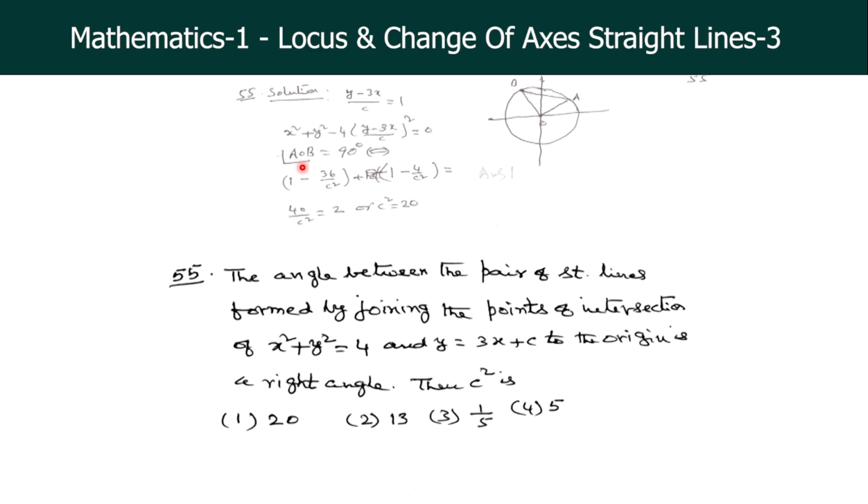And angle AOB is equal to 90 degrees if and only if coefficient of x square plus coefficient of y square is equal to 0. That means 1 minus 36 by c square plus 1 minus 4 by c square equal to 0, which shows that c square is equal to 20. So correct option is option number 1.